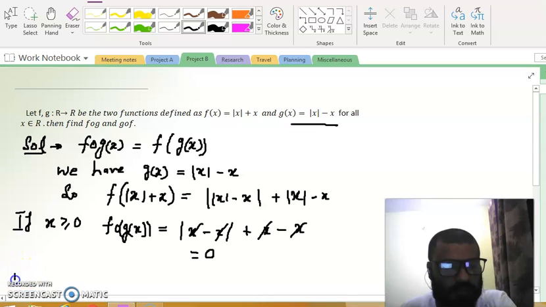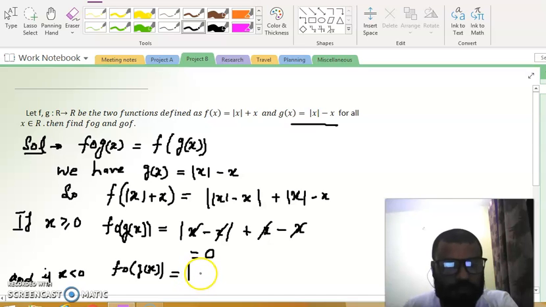If x is less than 0, this x will be negative.